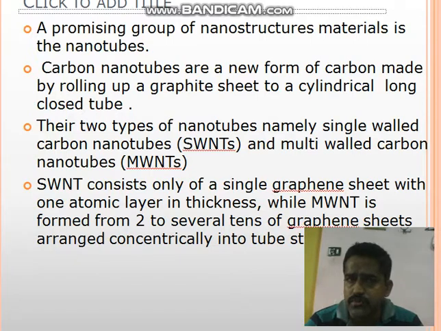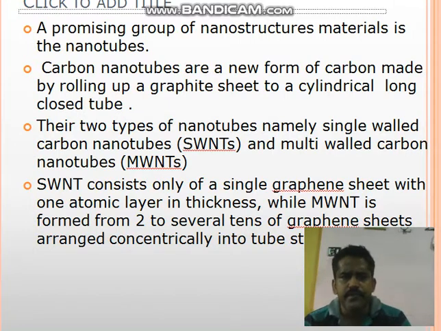Carbon nanotubes are a promising group of nanostructured materials, and these carbon nanotubes are a new form of carbon made by rolling a graphite sheet in the form of a cylindrical, long closed tube.